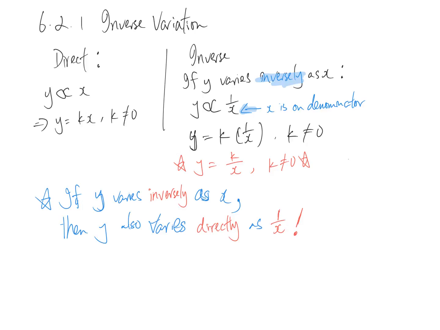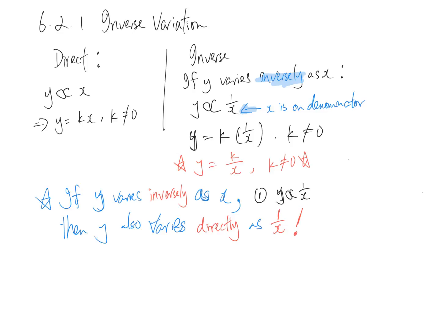If you write down both variation statements, you may find that the first statement gives us the result y varies inversely as x. So we put x onto the denominator, then we tackle the part inverse.